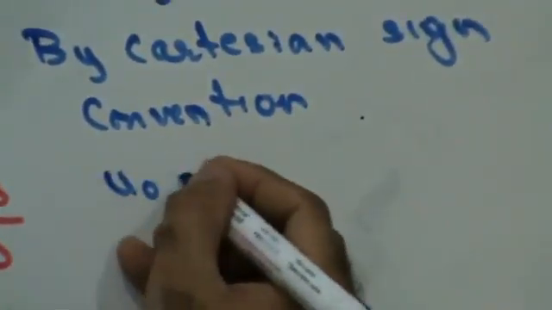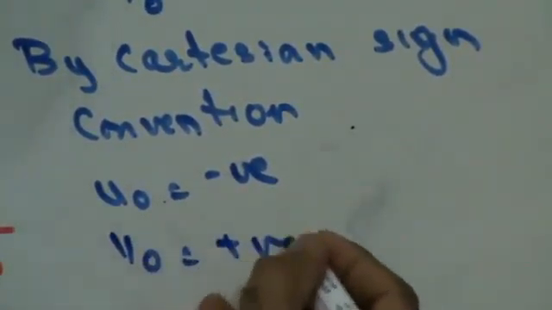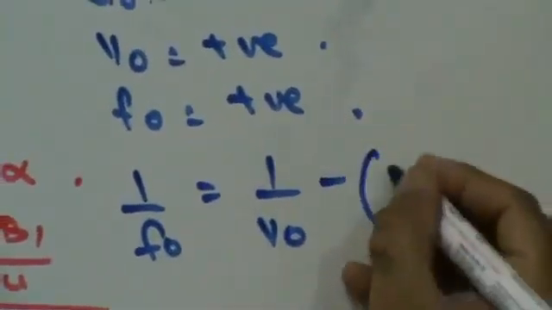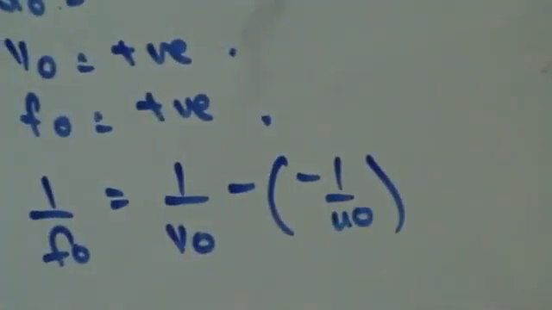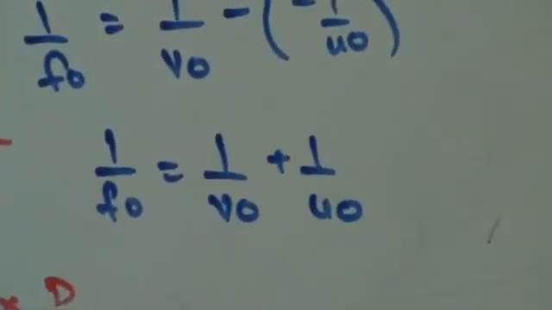Cartesian sign convention says that u0 is negative. Here, since there is a real image, v0 is positive, and for a convex lens, f is always positive. So applying the sign convention, I will get 1 upon f0 is 1 upon v0 plus 1 upon u0.